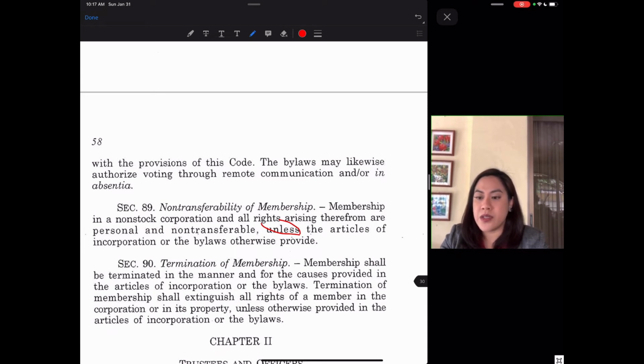So in cases where the member fails to pay membership dues and the shares of the member are subject to a lien for the dues, then any delinquency, so to speak, is not covered by Section 67 on delinquency sale.